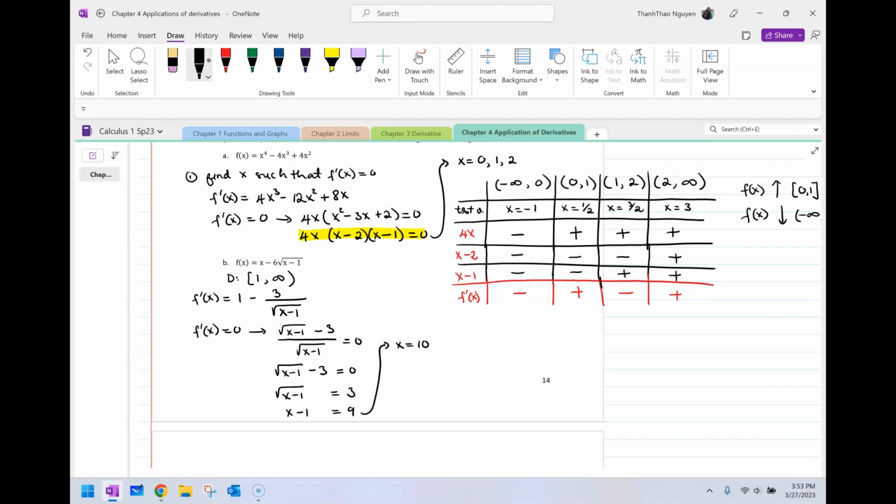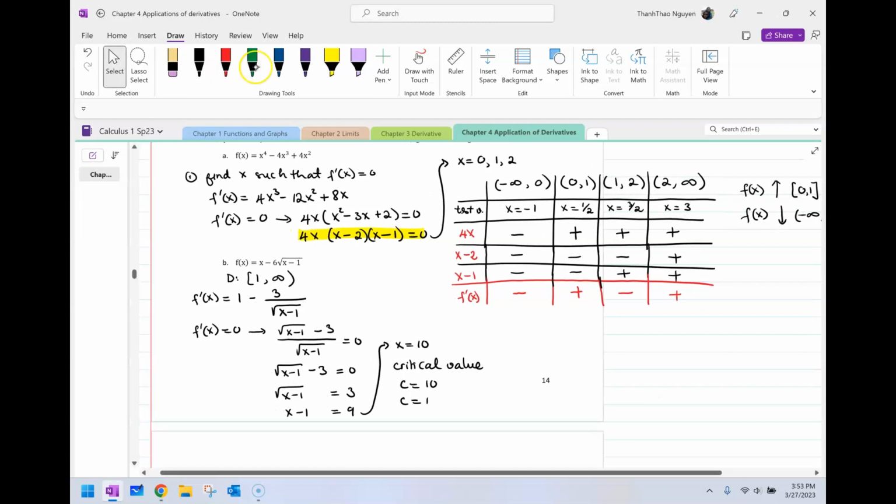The critical value is the value at which f prime of x equals 0 or f prime of x is undefined. So the critical values here are c equals 10 and c equals 1.